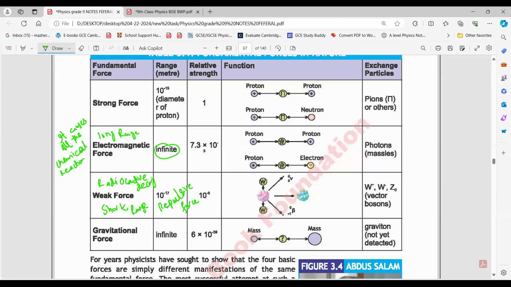Normally the weak nuclear force is masked by the strong and electromagnetic forces, so it is dominated by these two forces, so it is not that prominent. And the gravitational force is a long range force and we have discussed everything.